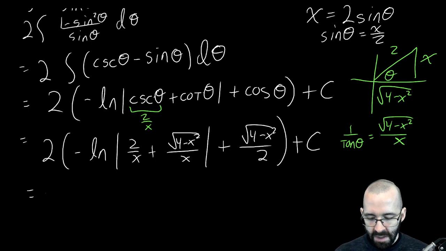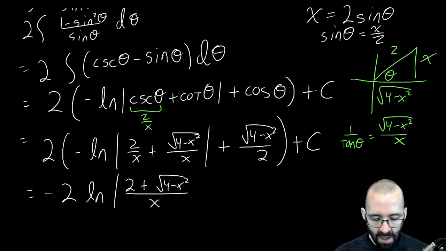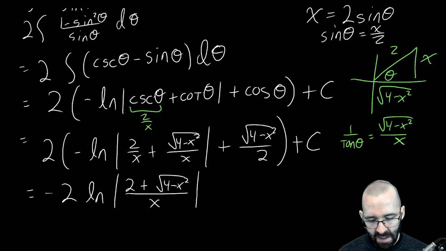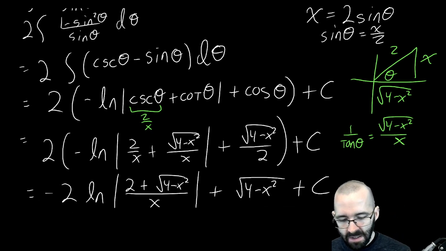All right. We get negative 2 natural log. Oh, we can combine these fractions. You actually might be able to simplify this by rationalizing the numerator, but I don't think so. And then we should get something like this as our final answer.